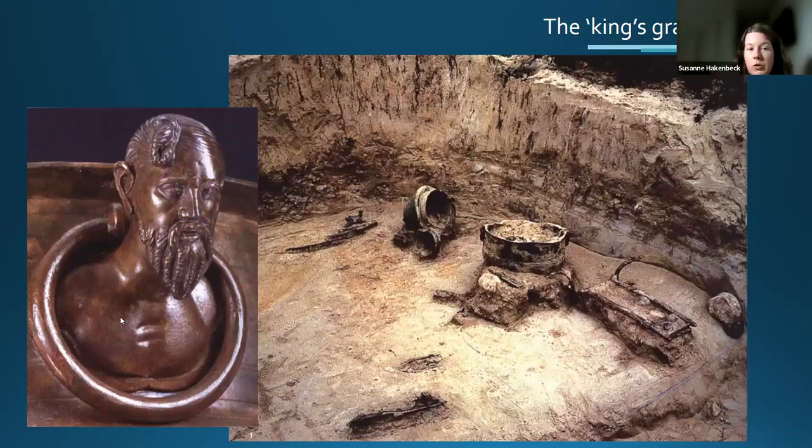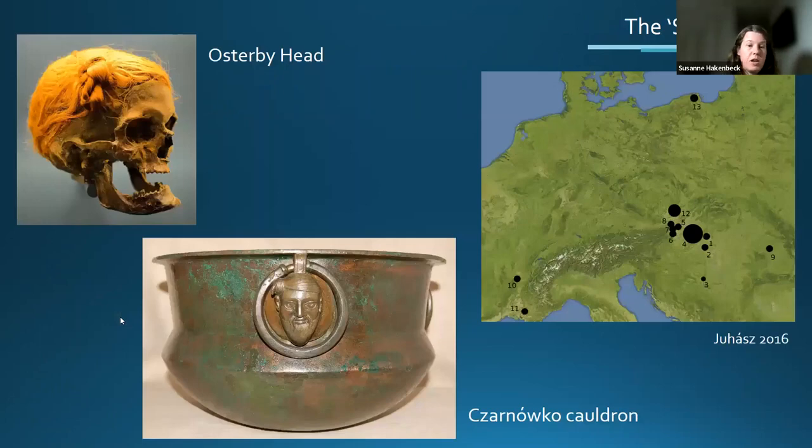So was the cauldron commissioned specifically? Was it given as a gift from within the Roman world? Was it a diplomatic gift? And then also, what did local people think of this representation, a representation that they must have been quite familiar with, with their local hairstyles?